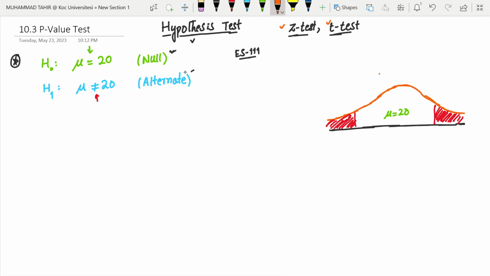So in this orange region, we do not reject H0, and here in the red region, we reject H0.